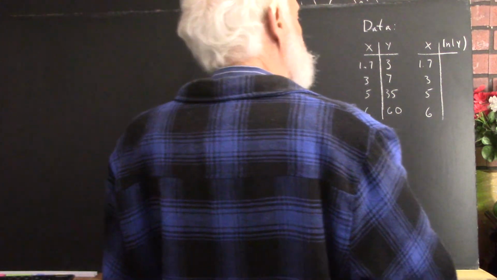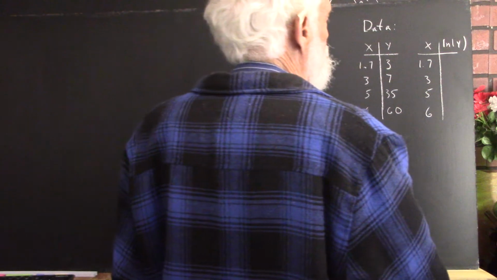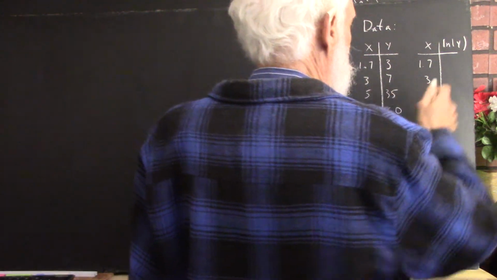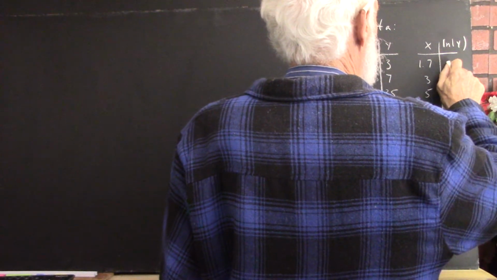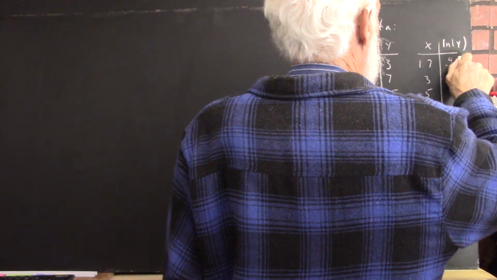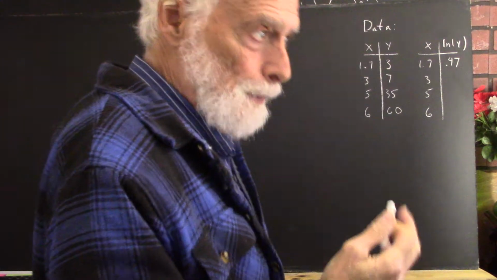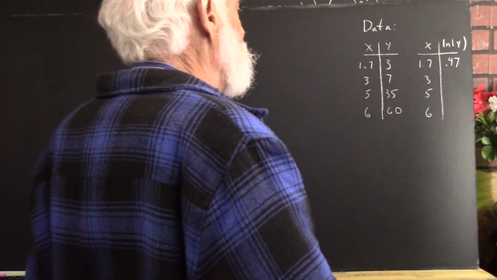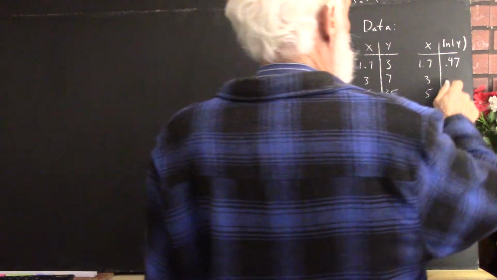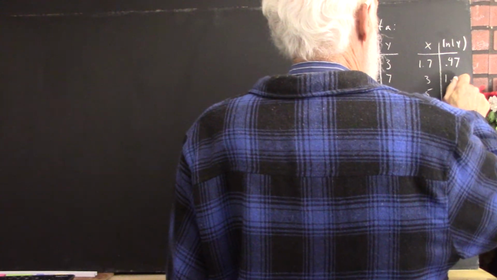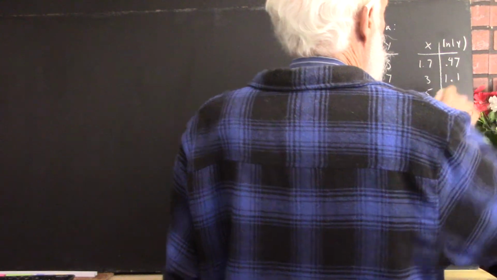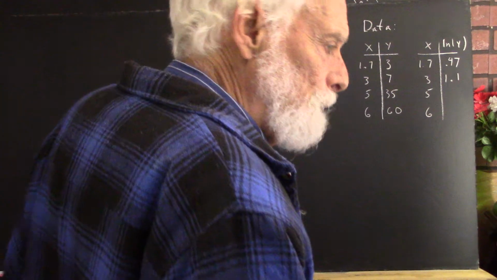Our natural logs. A natural log of 1.7 is about 0.47, let's say. And again, I'm estimating. And the natural log of 3 is about, I'm going to say about 1.1, okay?